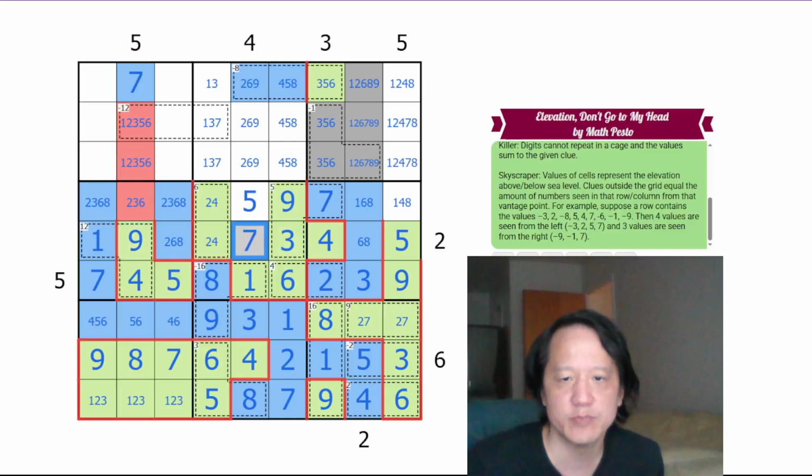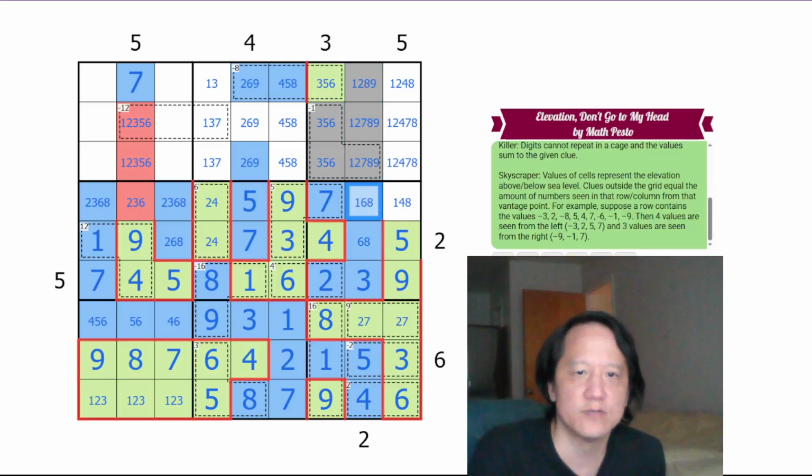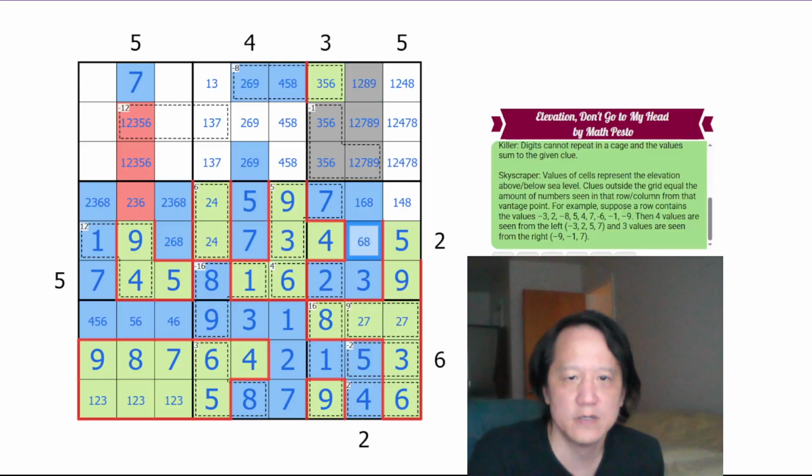So this must be 7 as water, which must orthogonally connect out. 3, 5, 6 as a triplet eliminates 3, 5, 6 in the rest of the box. 4 eliminates 4 in the rest of the box here.